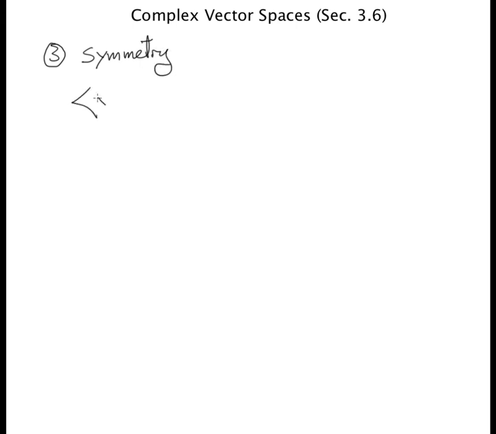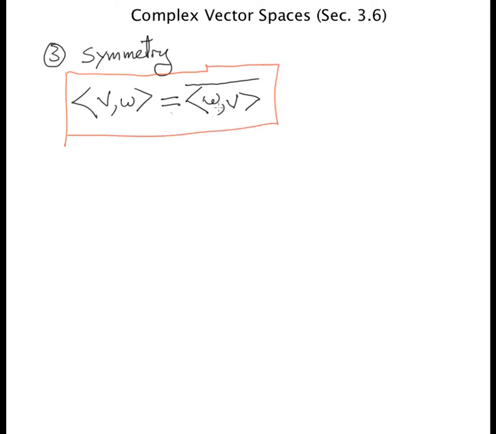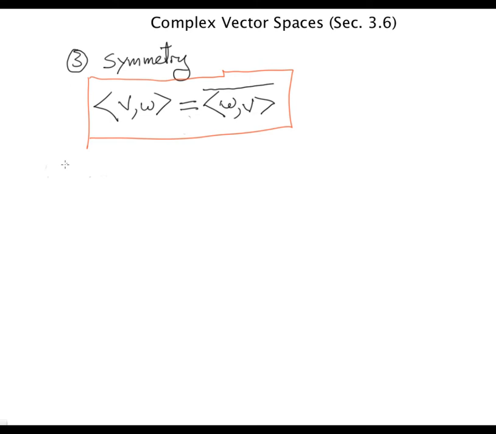So how is v, w related to w, v? Where, what happens when you change the order. And if you think about it, this can't possibly be right, but what is true is it's correct with the bar over here. So these are both complex numbers, and they're not equal. Well, v, w and w, v aren't equal, they're only equal after you take the bar.